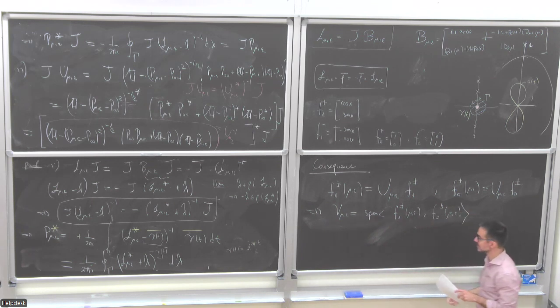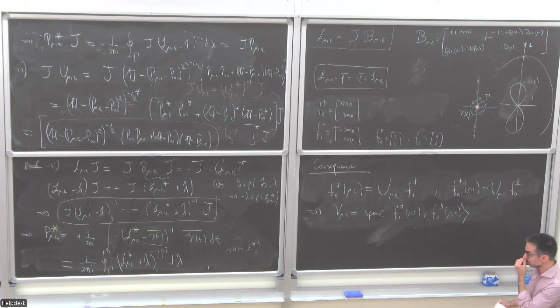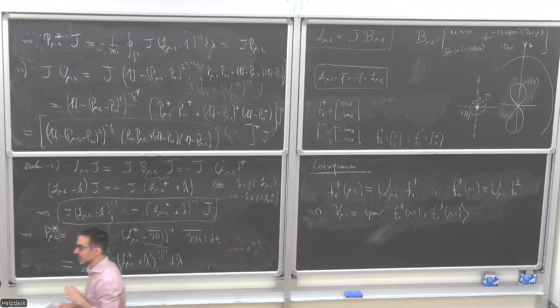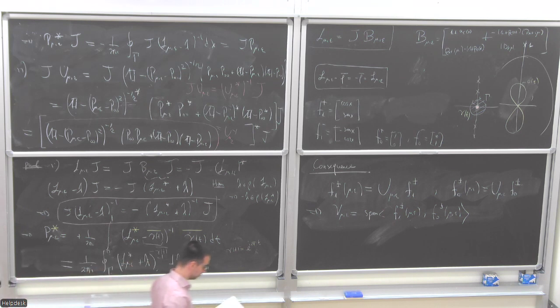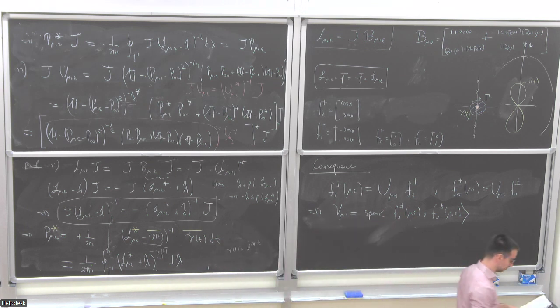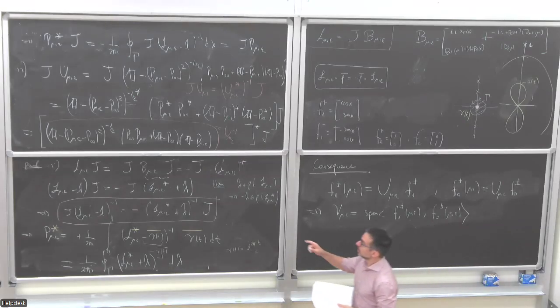So this is a basis of the perturbed space. You see, I'm not claiming that they are eigenvectors. What I'm claiming is that they span the space. So they are a basis of the perturbed space. And moreover, something else.